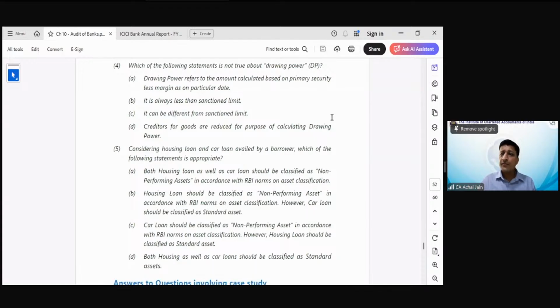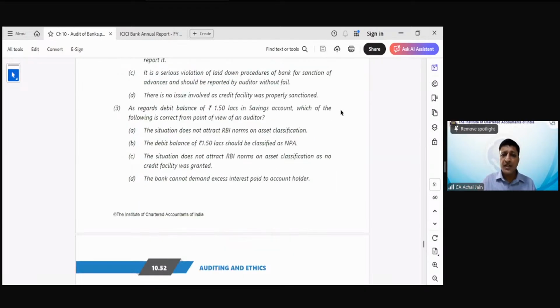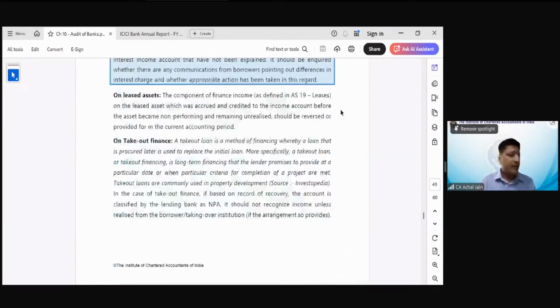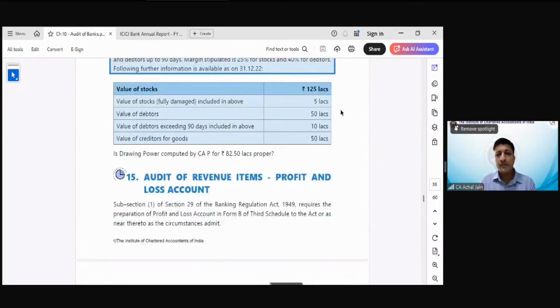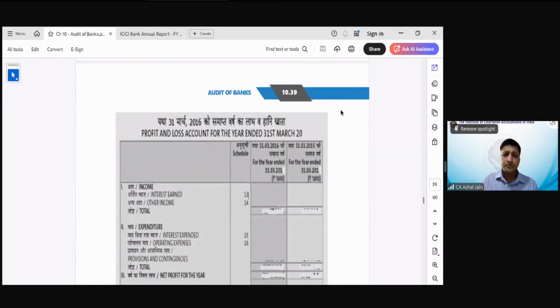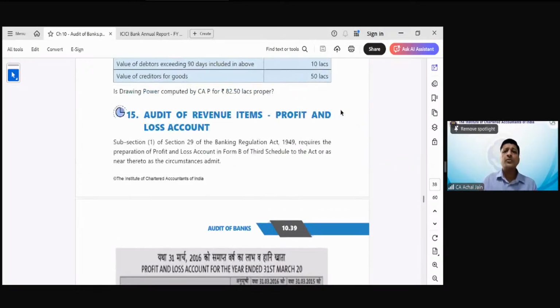So with this, we have discussed the advances. Now we need to move on to the P&L. In relation to the P&L, there are some areas which are important, critical for one to look into.